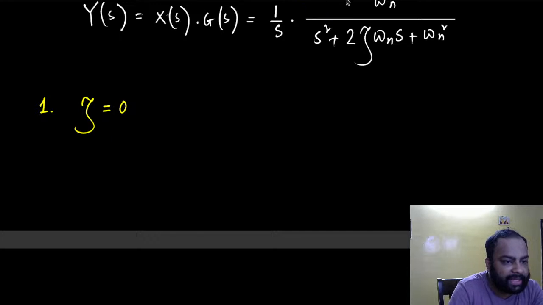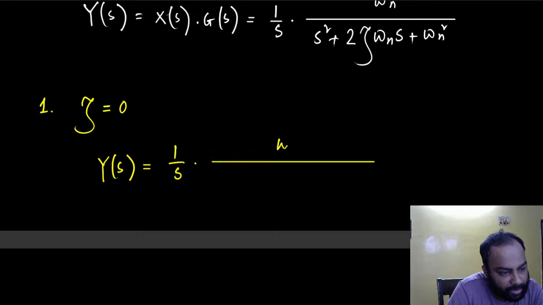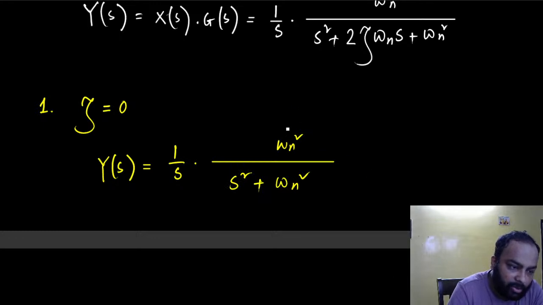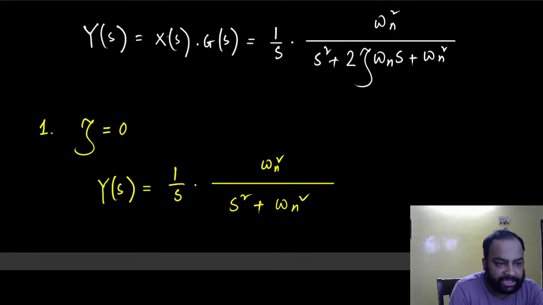So here under this condition, when zeta is equal to 0, I have Y(s) equal to 1 by s into omega n square by s square plus omega n square. So essentially this entire term actually vanishes, right?